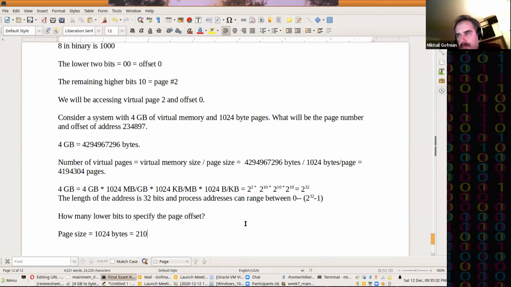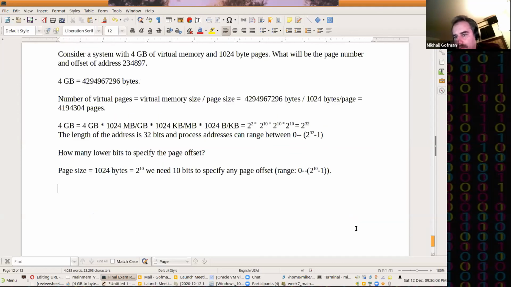Therefore, we need 10 bits to specify any page offset, and the page offsets can range between 0 and 2 to the 10 minus 1. Okay, 2 to the 10 minus 1.